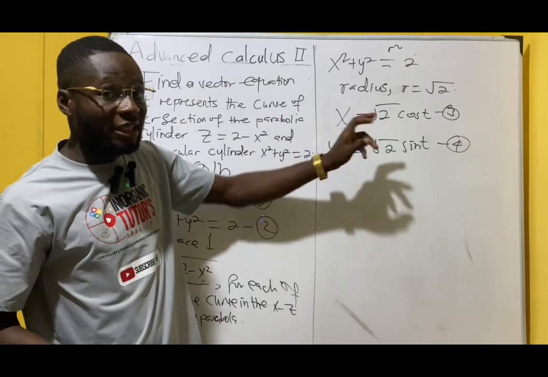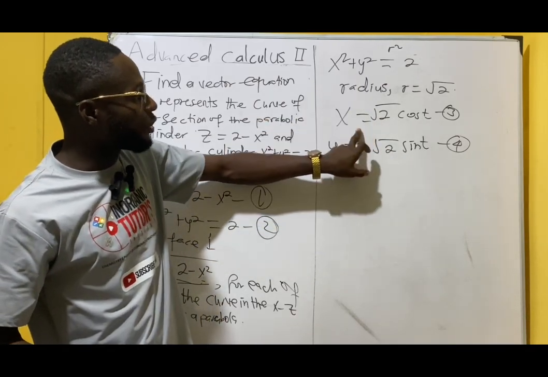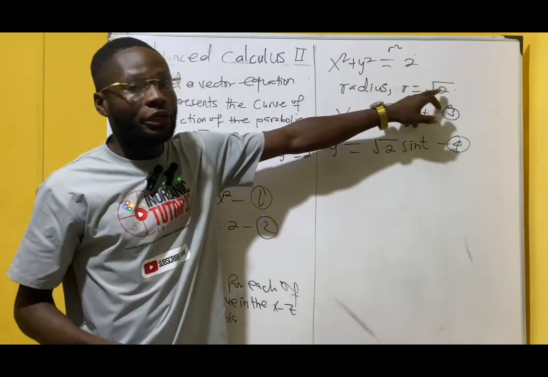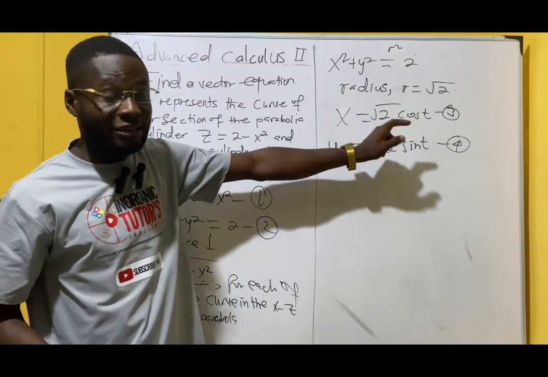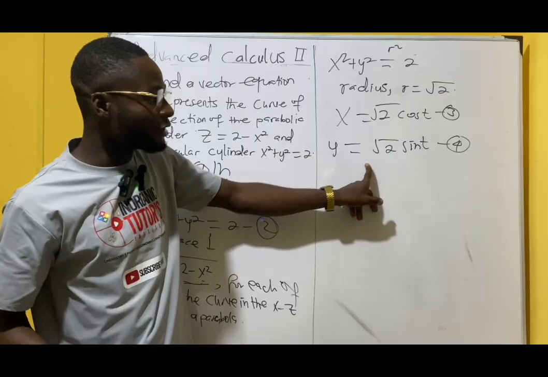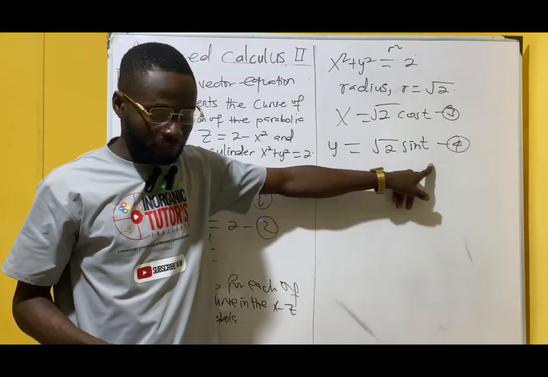So we are using the trigonometric functions. The x component is going to be the radius times cos t, and y is going to be the radius times sine t.